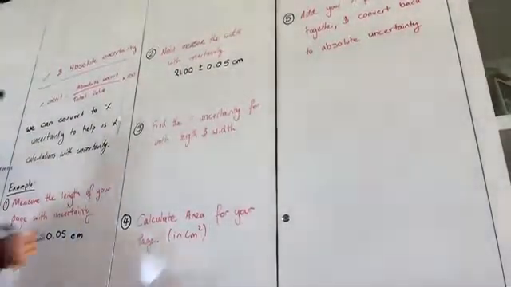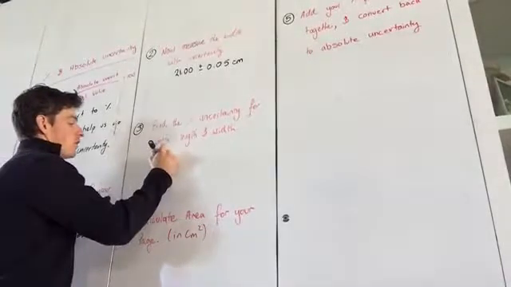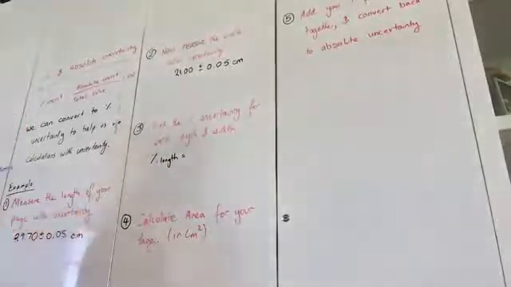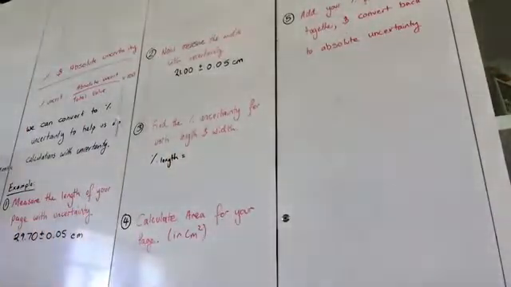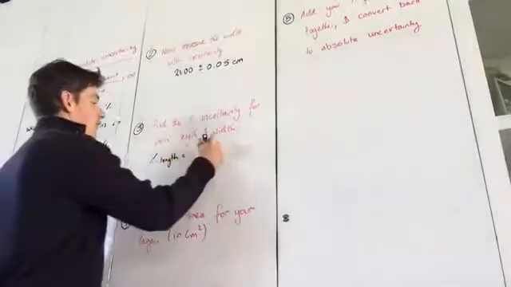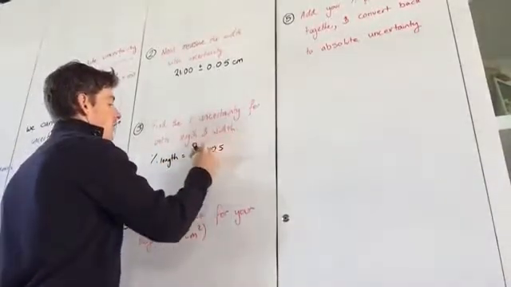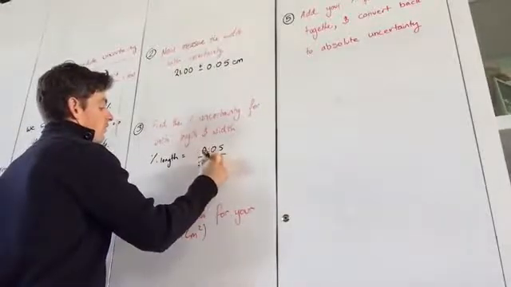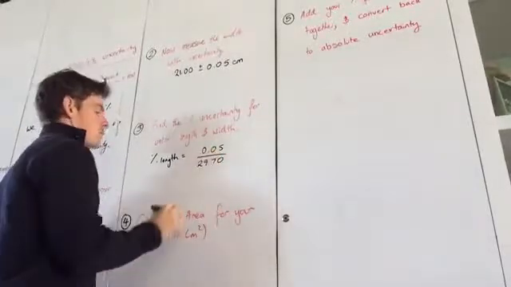And the way we go about doing that, so I'm just going to write percentage for length. That equals my absolute uncertainty, which is the value I had for my uncertainty, 0.05, divided by my total value, which is 29.70 if you want to be precise.